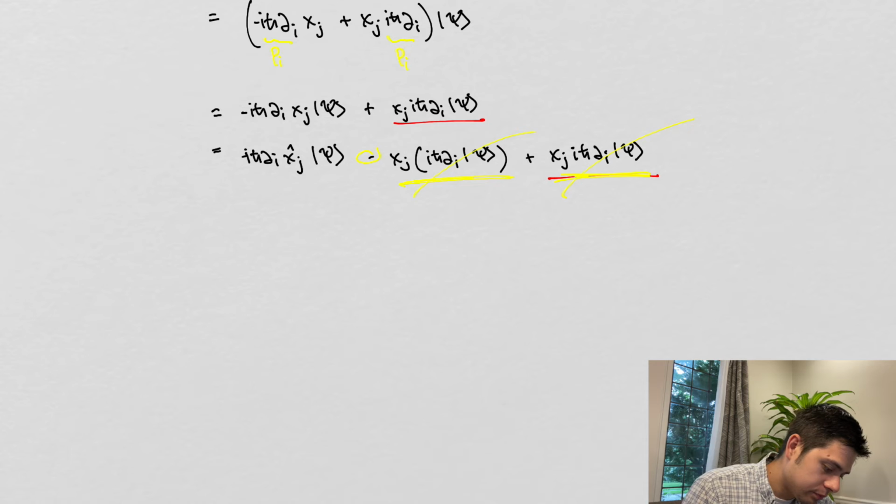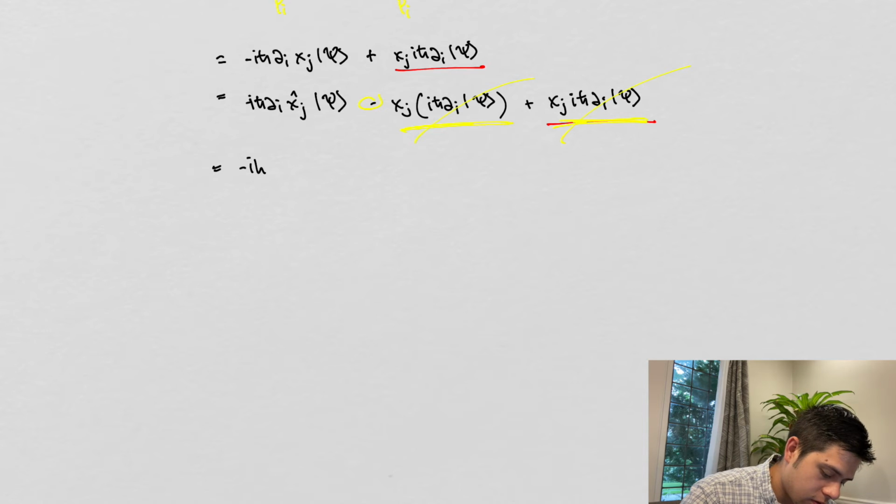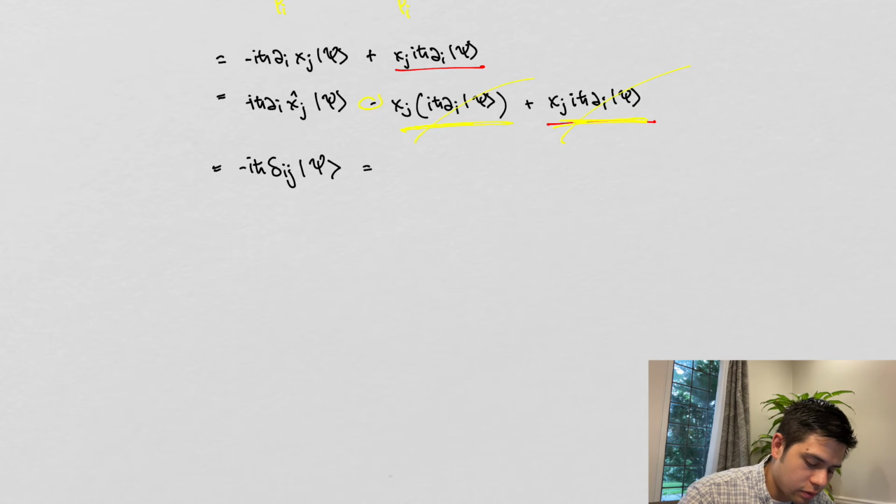What we get is the following: minus i h-bar delta_ij, and this is not equal to 0. What's this thing right here? This is the Kronecker delta.